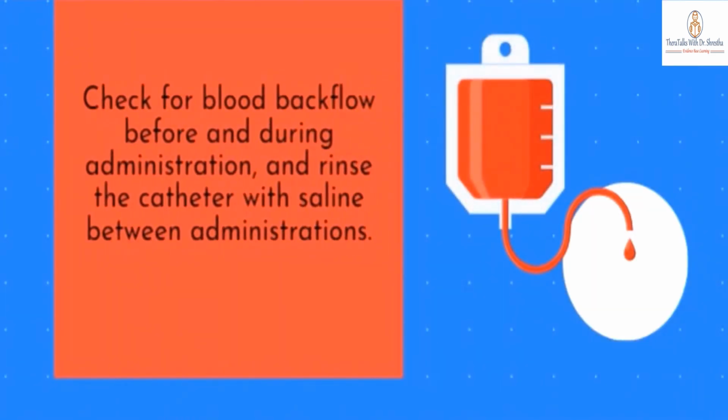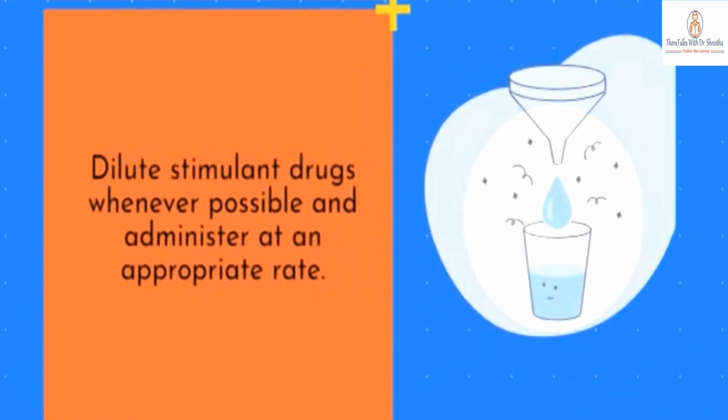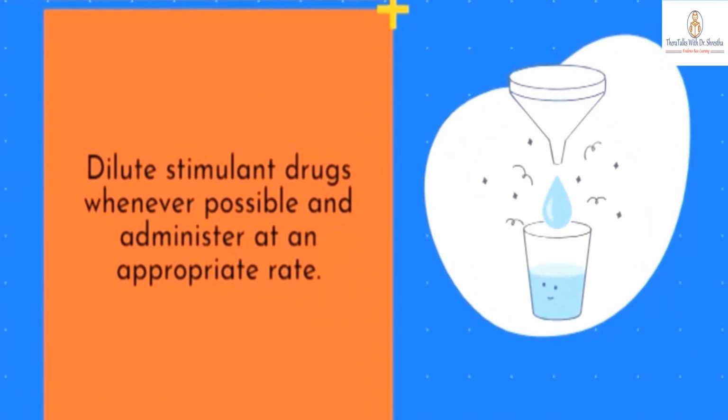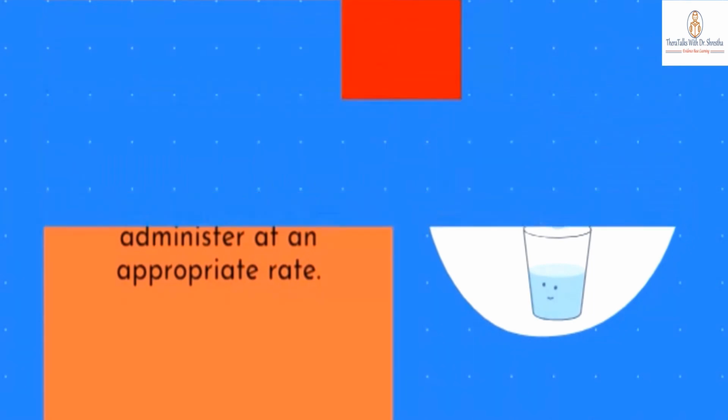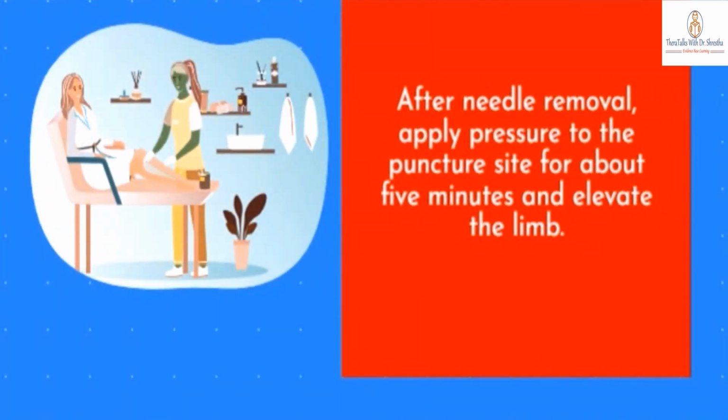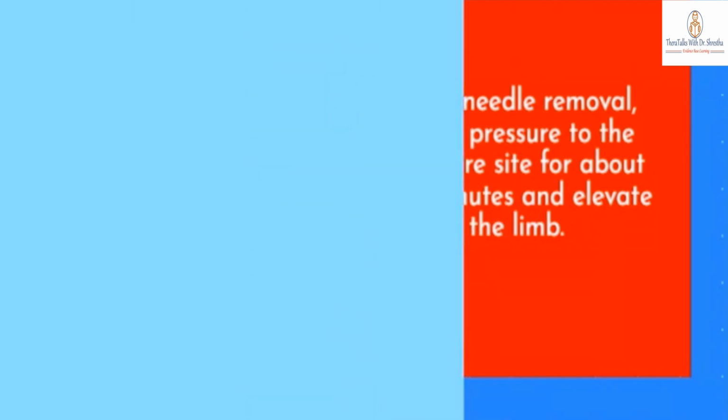Check for blood backflow before and during administration, and rinse the catheter with saline between administrations. Dilute stimulant drugs whenever possible and administer at an appropriate rate. After needle removal, apply pressure to the puncture site for about 5 minutes and elevate the limb.